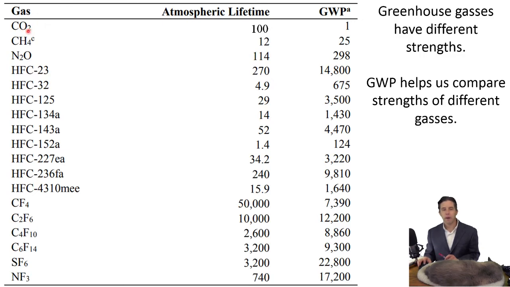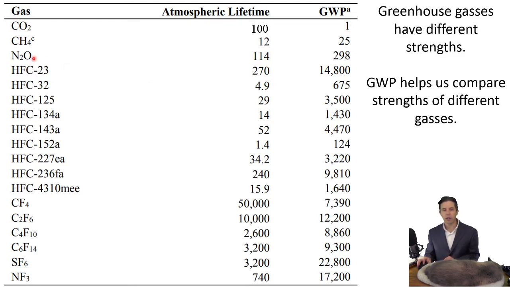So what we say is that CO2 has a GWP of 1. Okay, that's arbitrary. So methane, CH4, has a GWP of 25. So what that means is CH4 per molecule is 25 times as powerful of a greenhouse gas as CO2. So if I had 1 molecule of CH4, it's worth 25 molecules of CO2.